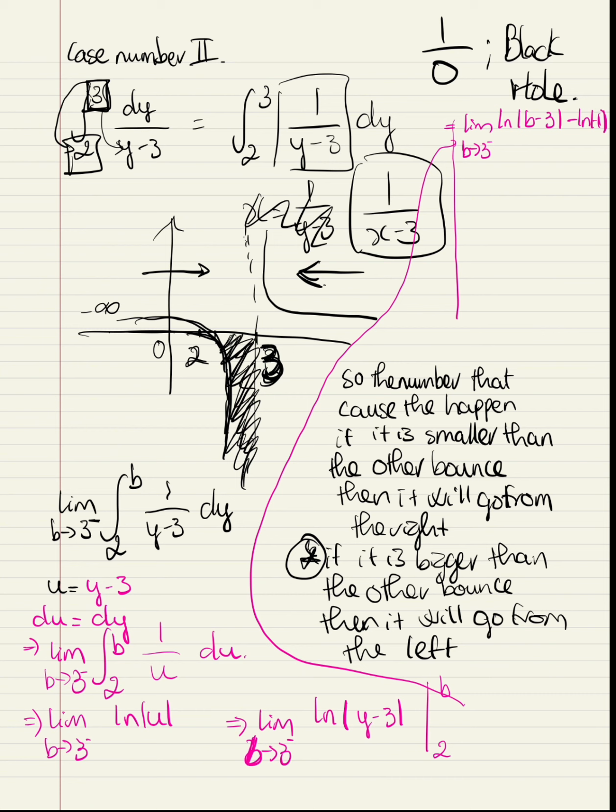And you can see the limit going to 3 just goes to negative infinity. So this function is negative infinity. So this one we conclude diverges.